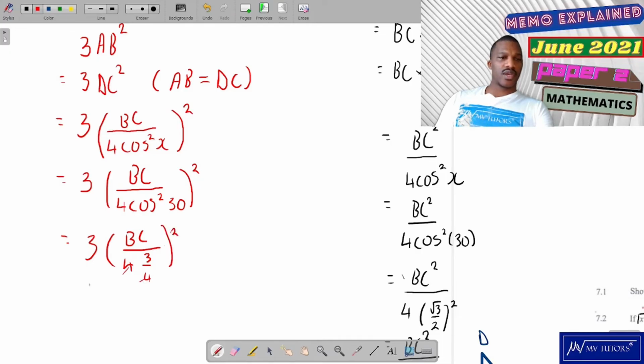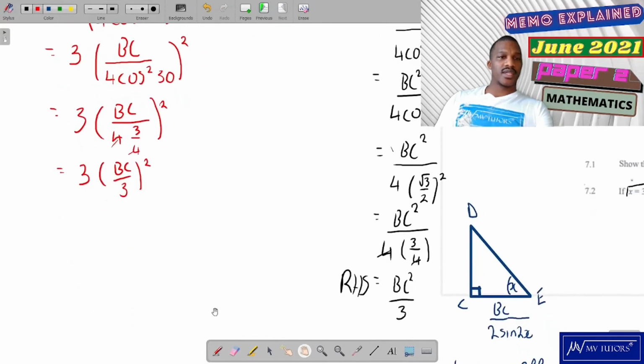This is still squared, so then eventually we'll have 3 BC over 3 squared.